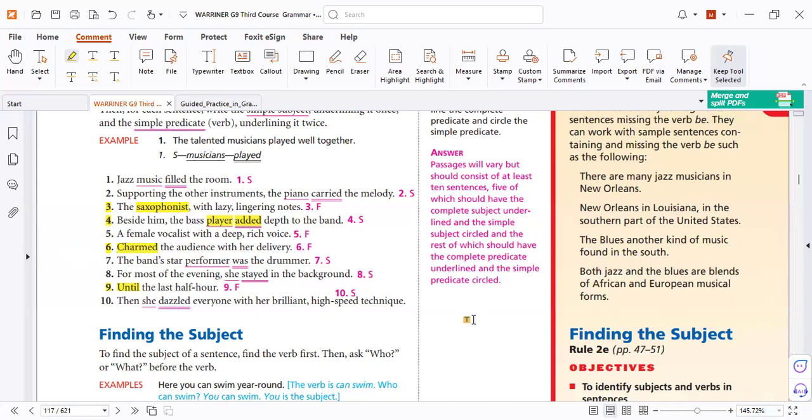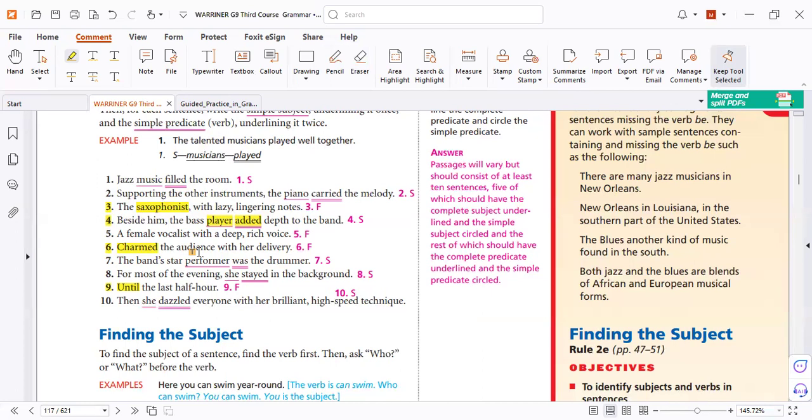Who charmed the audience? The delivery? The audience? No, it must be a person. Who can charm the audience? It should be a person. So it lacks a subject. So it needs a subject. That's fine.